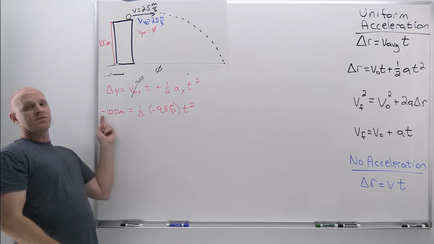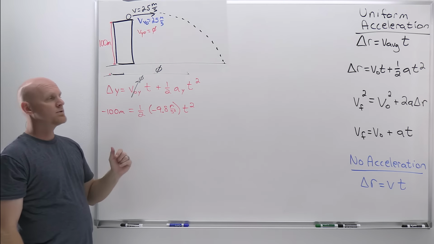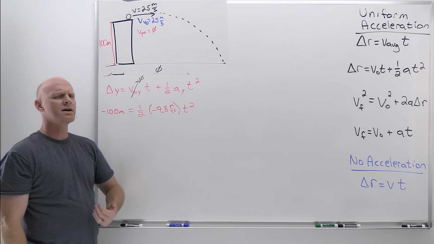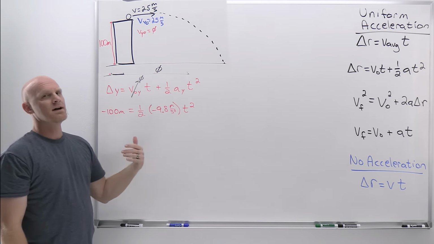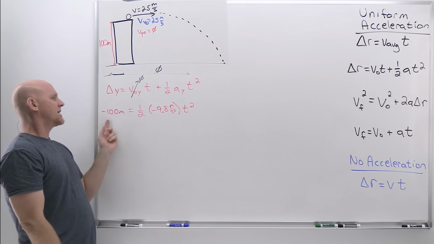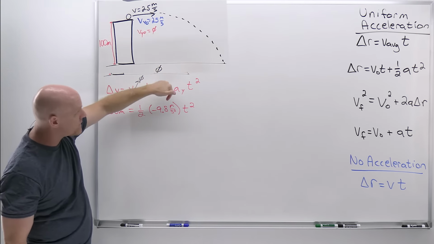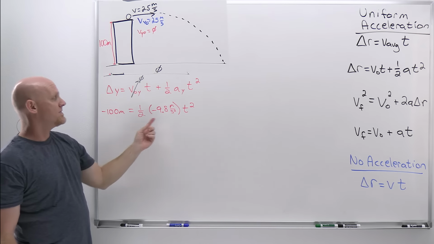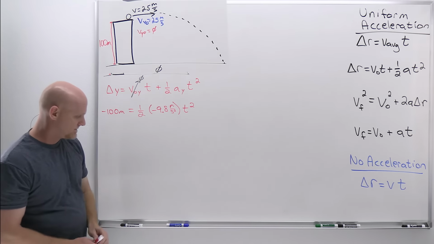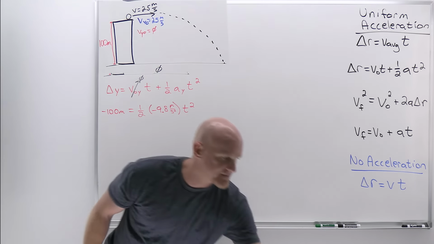If we had forgotten to make this negative but still made acceleration negative, we'd have been trying to take a square root of a negative number when we're all said and done, and that's a problem. So you have to remember that not only does acceleration point downward, but technically the displacement is in the downward direction for the motion here, and therefore that displacement is a negative number as well. So signs are kind of important much of the time here.